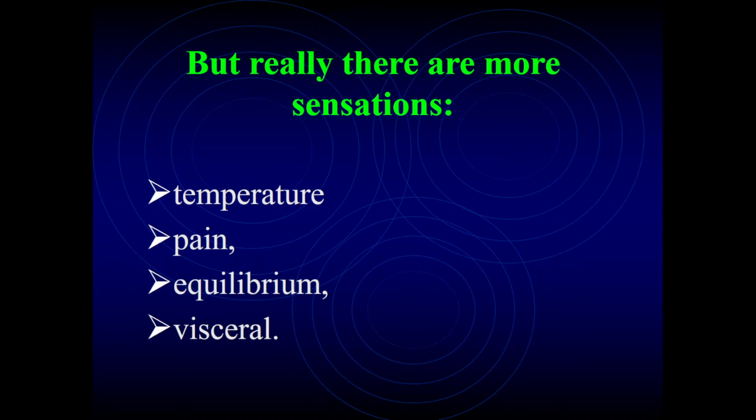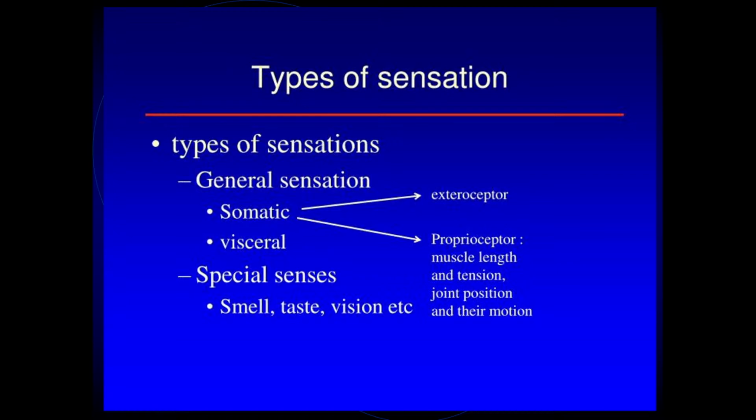Chemicals, for example, taste, physical, temperature, density, and volume of food. Also, we have general sensation and special sensation. General includes somatic and visceral. A special includes smell, taste, vision, and other types.